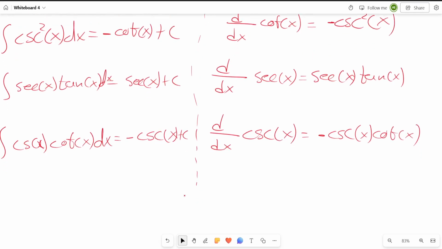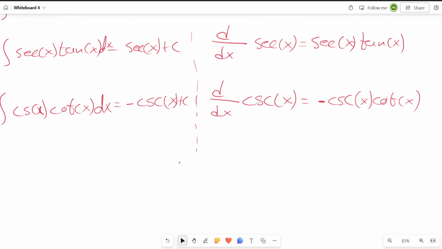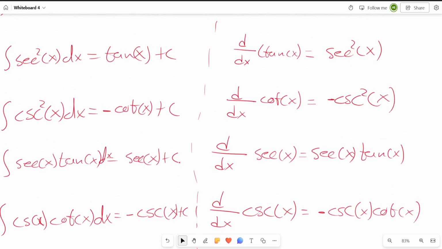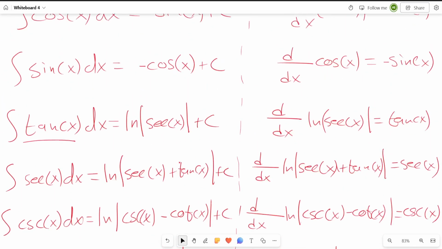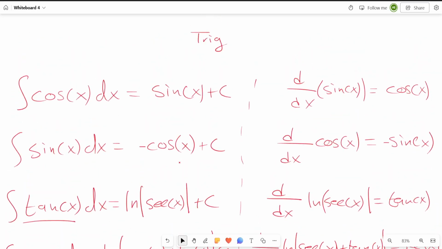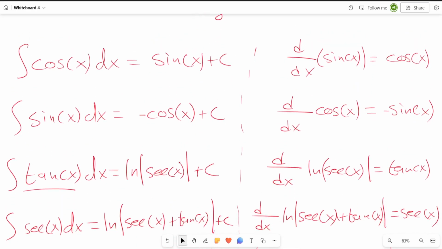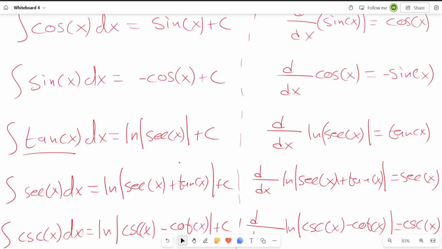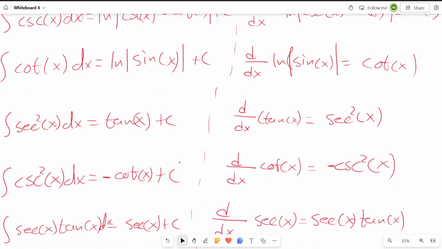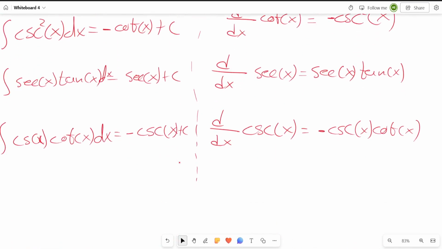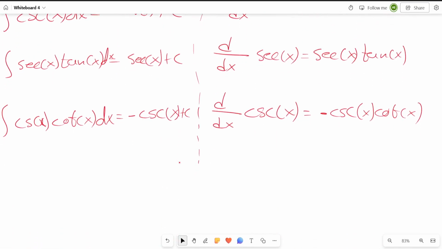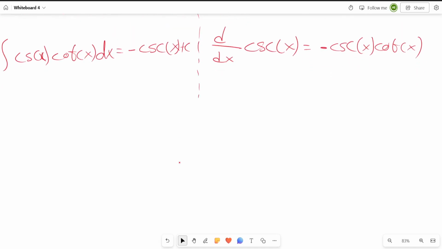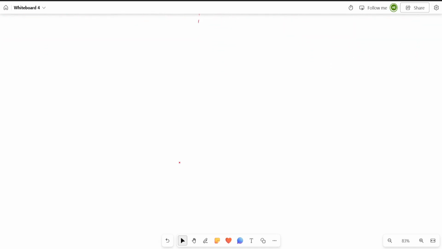Right? So these are the most important trig integrations and the ones that you will need to familiarize yourself with in order to solve the questions. Okay, so these are trig functions integration, the most famous ones.